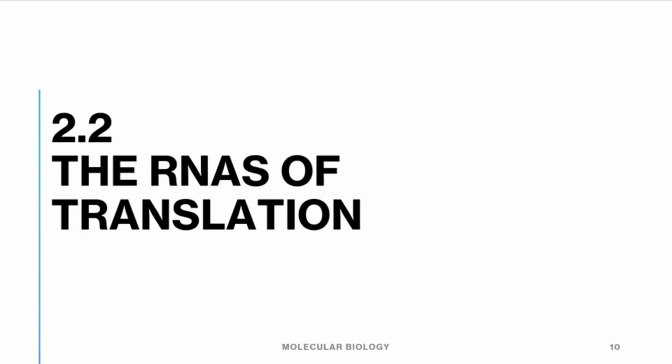Okay, after talking about the genetic code, which is the language or the rules for how the genetic information on the mRNA is translated into proteins, next we're going to look at different kinds of RNAs which are involved in the translation process. We covered this briefly in topic 2, but here we're going to look a little bit more into detail at what all these different kinds of RNAs do and how they function.